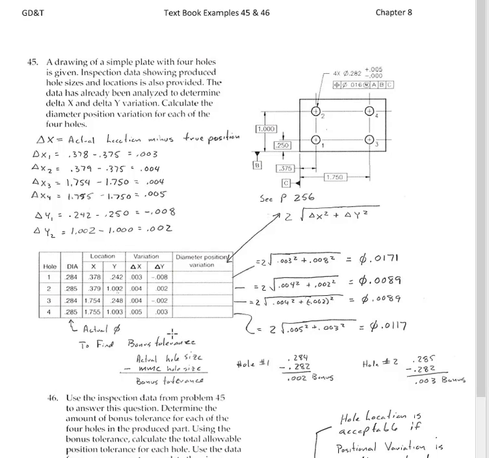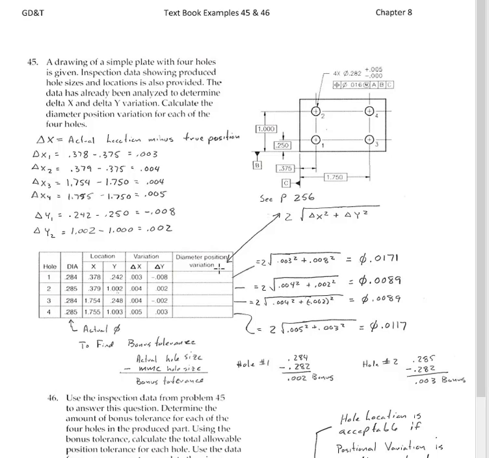Then the next step here is we need to calculate what the diameter position variation is. Now I want you to think about this as the diameter in which that hole falls. Okay, so this would be the outside diameter of where the actual hole falls.